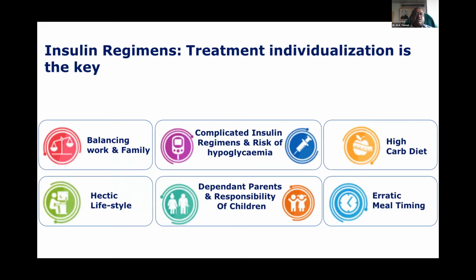There are various insulin regimes, but before initiating any regime, you have to keep in your mind the following key points. You have to balance the work and family of the patient, his hectic lifestyle, complicated insulin regime, and risk of hypoglycemia. You should look for dependent parents or elderly persons in the family and responsibility for the children, high carbohydrate meals, and even erratic meal patterns.